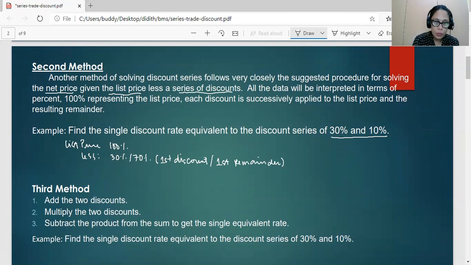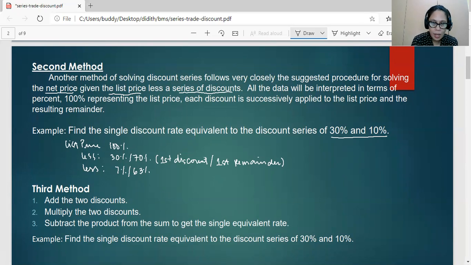And then we less again 7%, with the remainder 63. Meaning we less this 7% from 70%, so we got the second remainder.